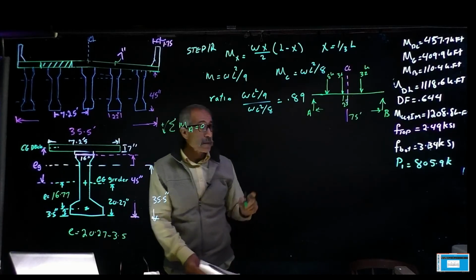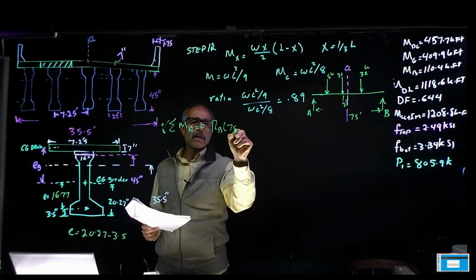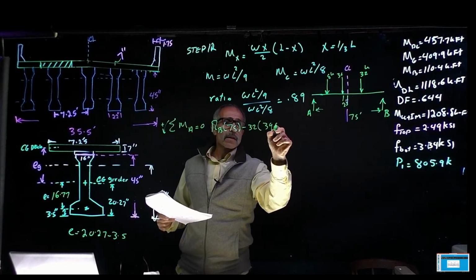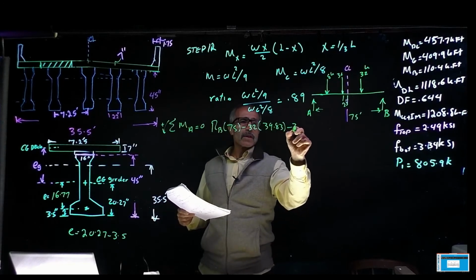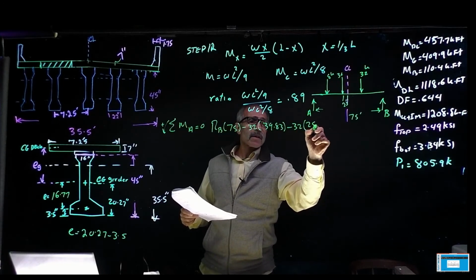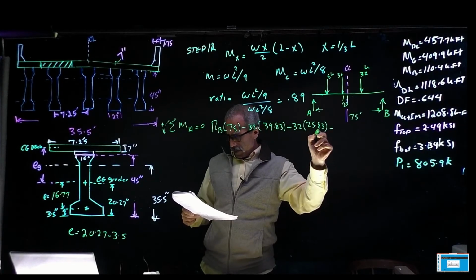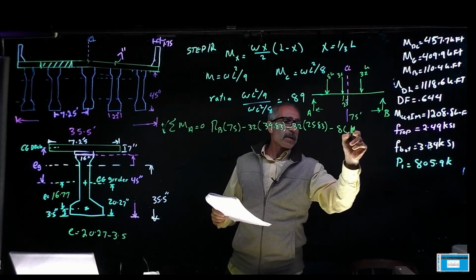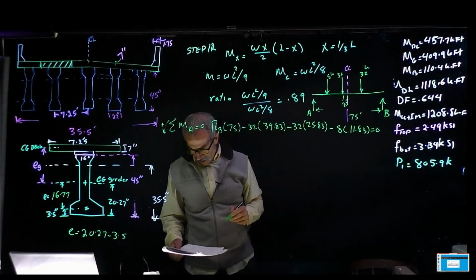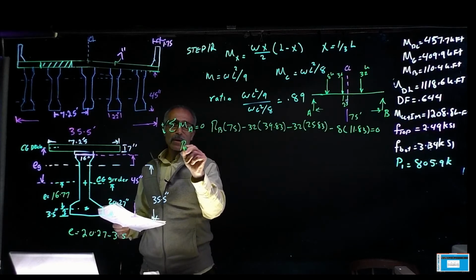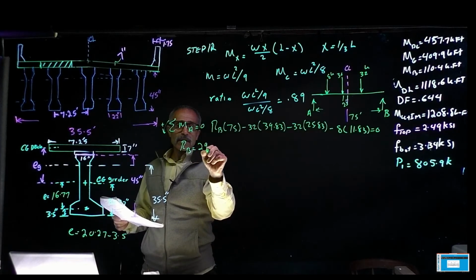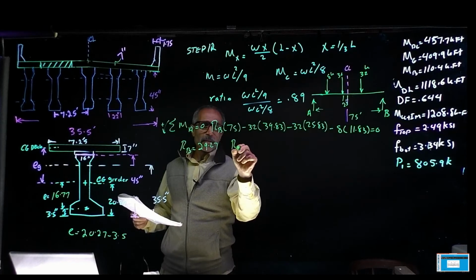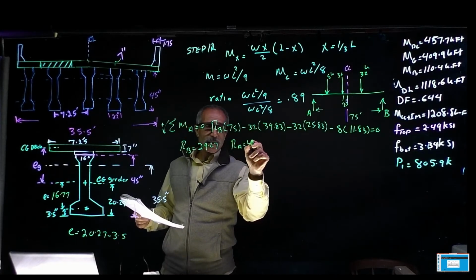So now we're going to have RB times 75 minus 32 times 39.83, minus 32, we did this before also, times 25.83, and then minus, where's the 8 one? 8 kips times 11.83 equals 0, and therefore our RB came out to 29.27, and from summation of FY, our RA comes out to 42.73 kip.